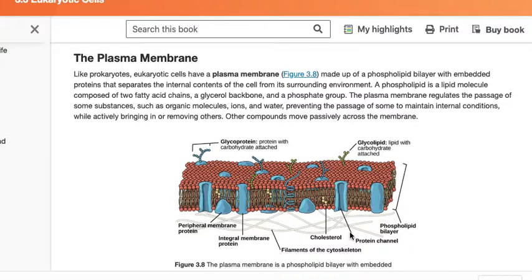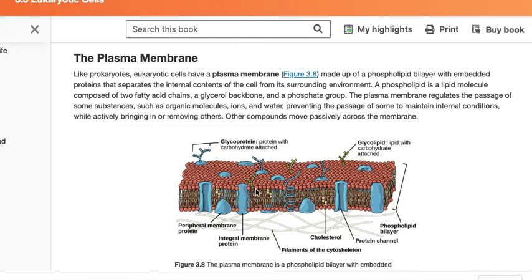So this phospholipid bilayer will basically form almost automatically because it has polar and non-polar sides. So it has sides that are charged and not charged. The inside is hydrophobic, meaning it repels water.